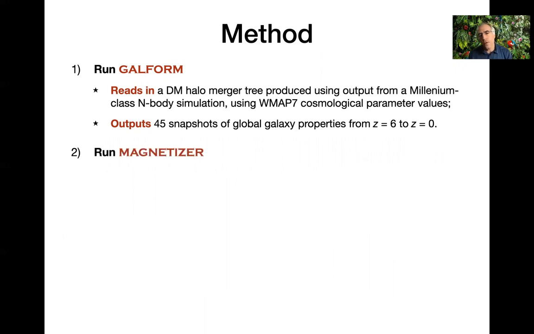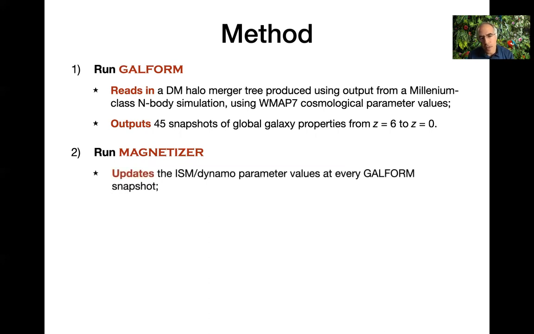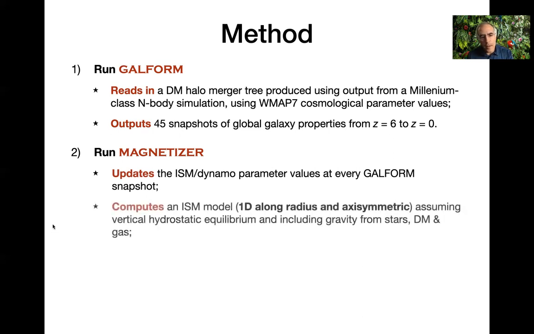We then input this output into our code, Magnetizer. Our code first updates the ISM and dynamo parameter values at every GALFORM snapshot. Then it computes an ISM model, which is 1D along radius and axisymmetric, assuming vertical hydrostatic equilibrium and including gravity from stars, dark matter, and gas.